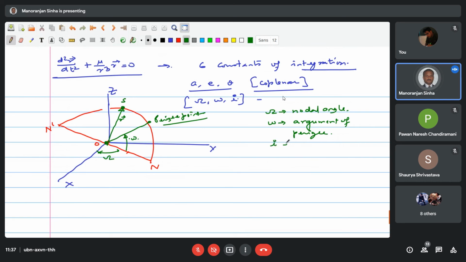I is the angle of inclination, and this can be shown if we have a perpendicular to the orbit. If I show it like this, then this angle is I. Also with the xy plane, the angle that this orbit makes is I. So this is the angle of inclination.